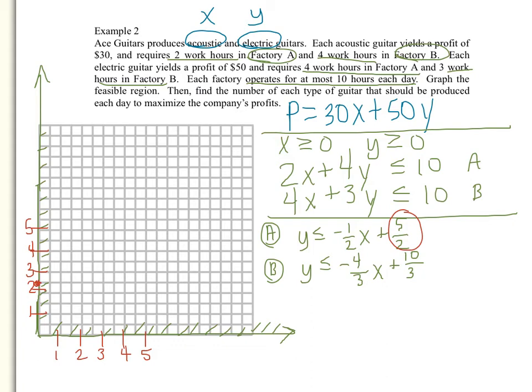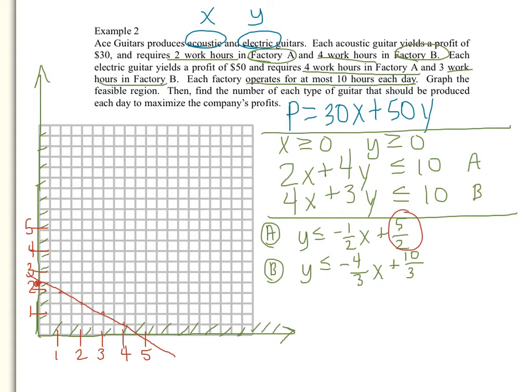Because I've changed my scale equally in the X and Y direction, meaning I've stretched the graph to be 2 boxes in each direction, I can still count out my slope just using the small individual boxes by going down 1 over 2, down 1 over 2, down 1 over 2. And I've graphed my first line. So just keep that in mind. As long as you change the scale of both X and Y on your graph and they are equal, you can still just count off your slope.